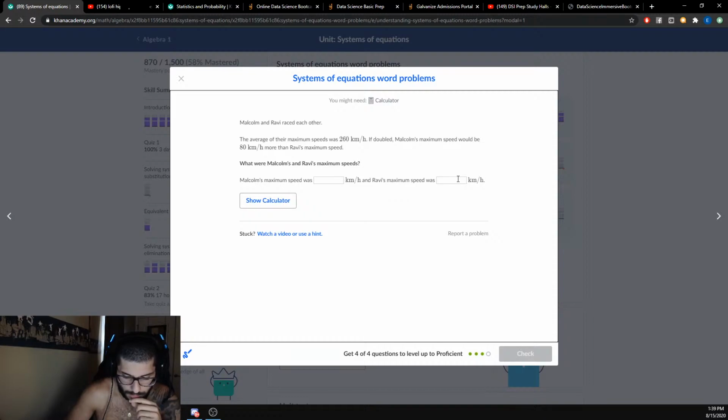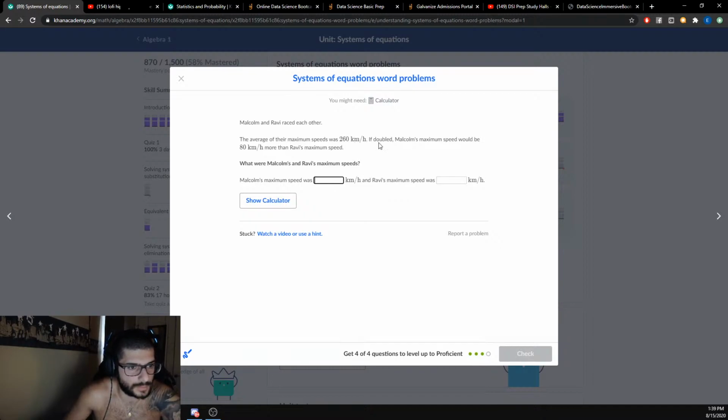This doesn't make sense. So if Malcolm plus Ravi equals 260. If doubled, Malcolm's maximum speed would be 80 kilometers more than Ravi's maximum speed.